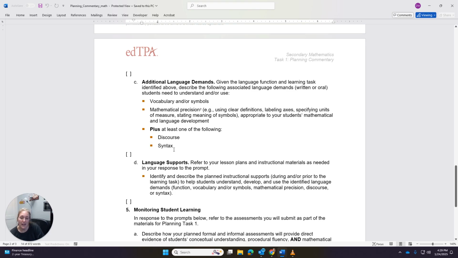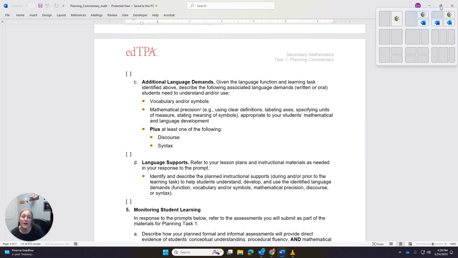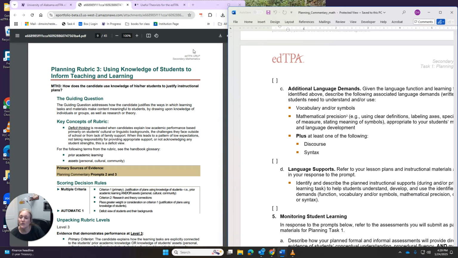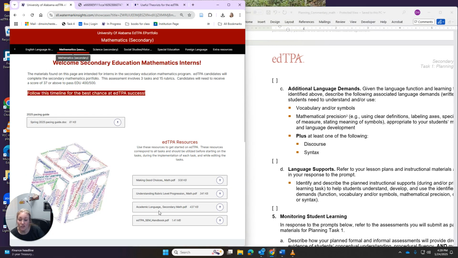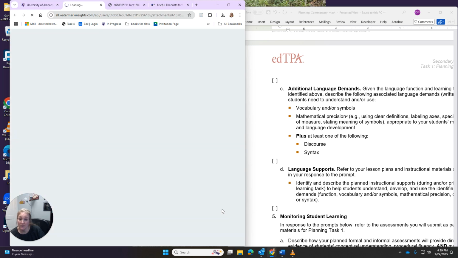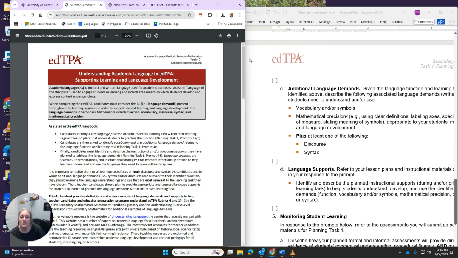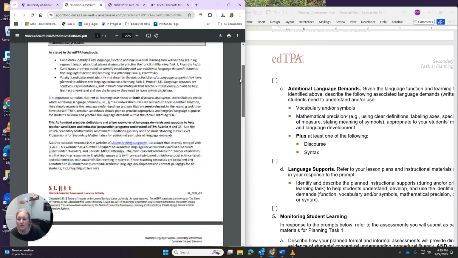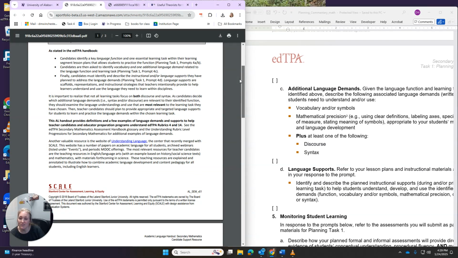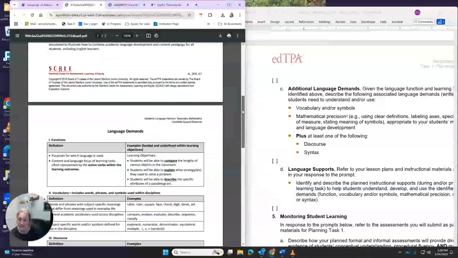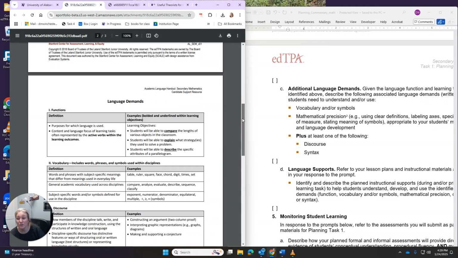The easiest way for me to explain what discourse and syntax is, is to go to your academic language document right here. It is going to explain for your specific program what discourse and syntax means, and then it's going to give you examples.